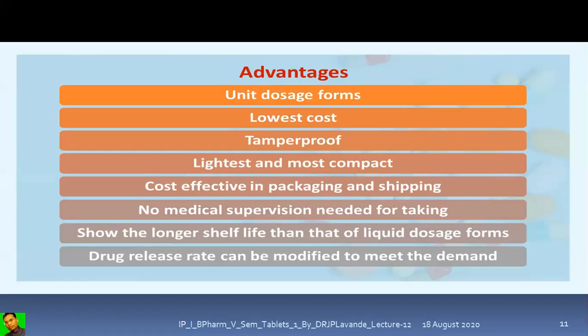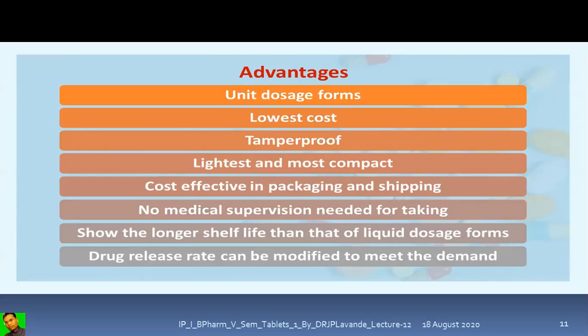Once we take a single tablet, it is responsible for releasing the 500 milligram of paracetamol. There is no other kind of dosage form which produces unit dosing. If you go for some liquid dosage form, elixir or suspension, they do not deliver a unit dose, but these are multiple unit dosage forms.